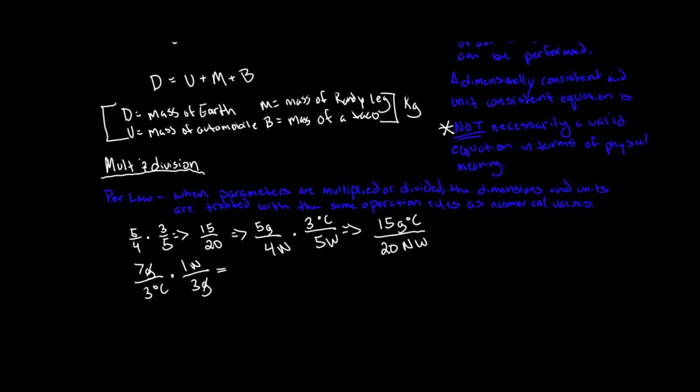Because we're going to divide in the long run if we don't cancel them. Let's just look at that if we don't cancel them, because I don't think I discussed this very heavily in the previous lecture. If we go across, we're going to have 7 Newton grams over 9 degrees Celsius grams. And what's a gram divided by a gram? Well, it's just the number 1. Just as if this was a 5 divided by a 5, it would just be the number 1. So we just remove these grams, and our solution is 7 Newtons per 9 degrees Celsius.